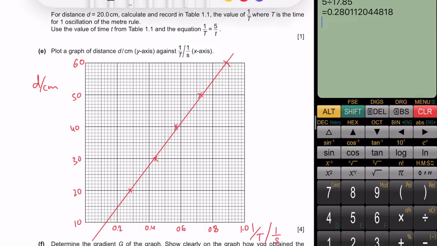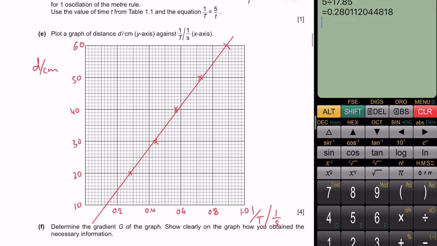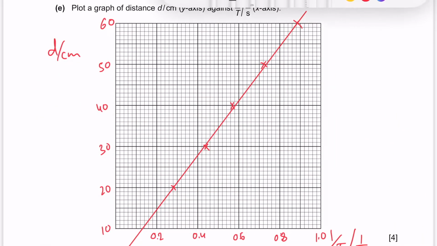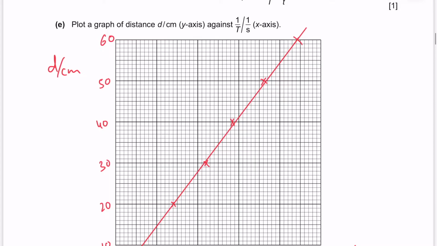About the f part, determine the gradient of the graph. Show clearly how you obtained the necessary information. Now if you want to find the gradient, remember you have to be very clear in showing the points that you considered. So always try to take points which are at the intersection.